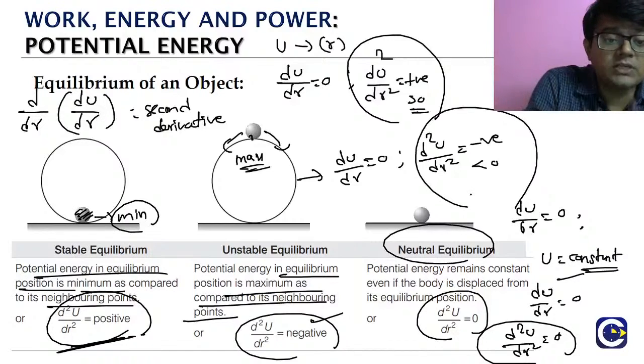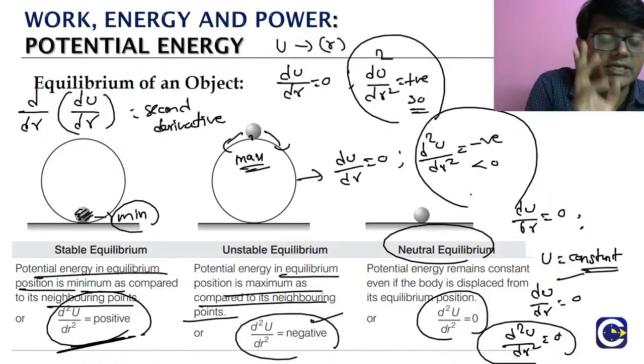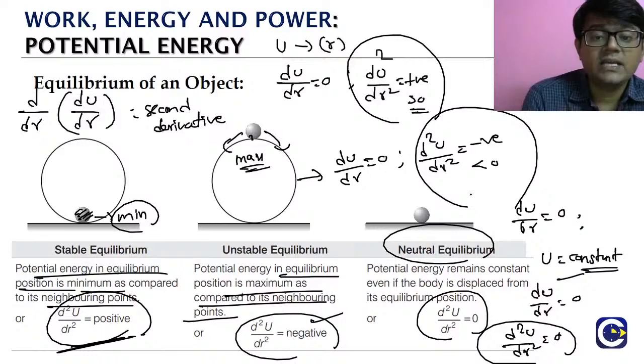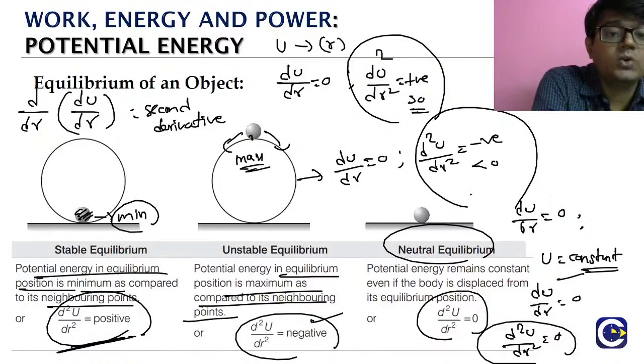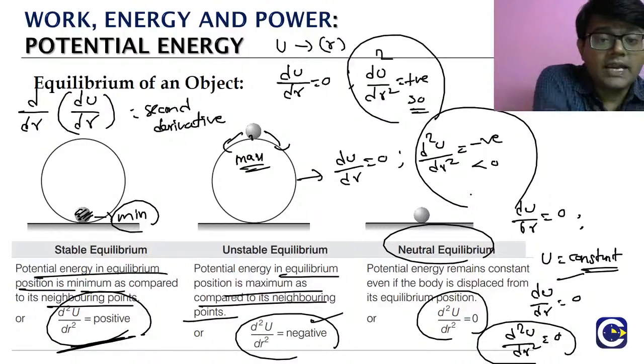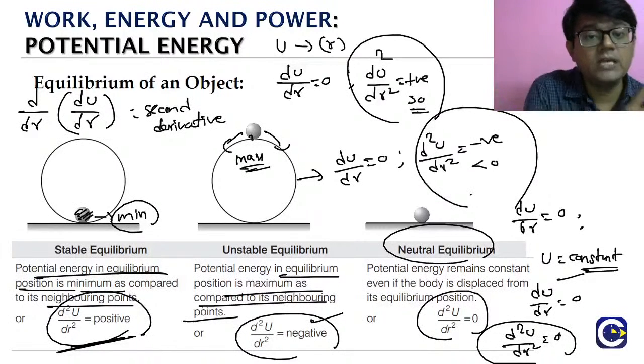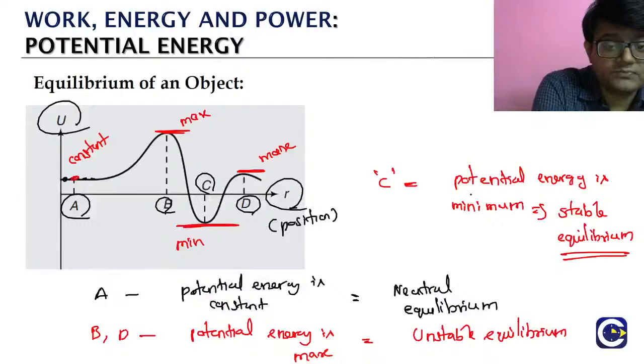Second derivative of the function should be positive. That is the minimum condition. Maximum condition, second derivative will be negative. If the second derivative is also 0, then that represents neutral position, where the entire region potential energy value will be constant. It doesn't change. Okay va?